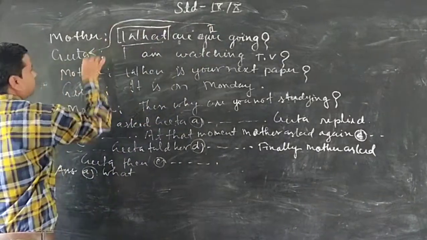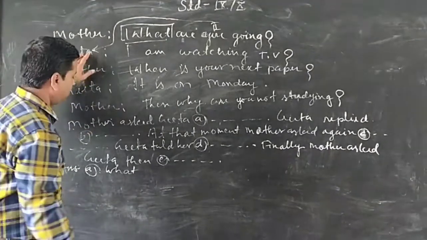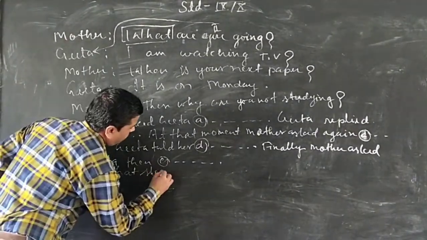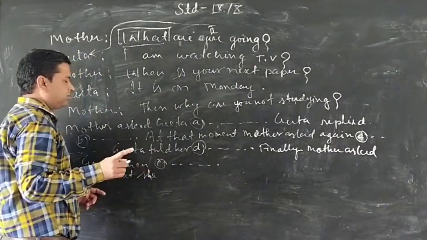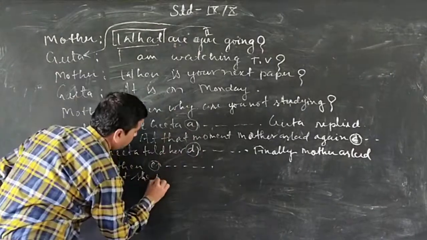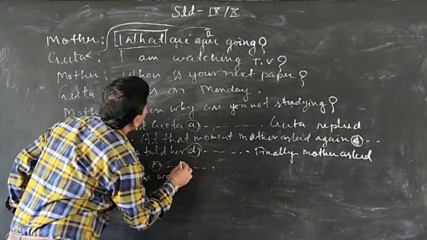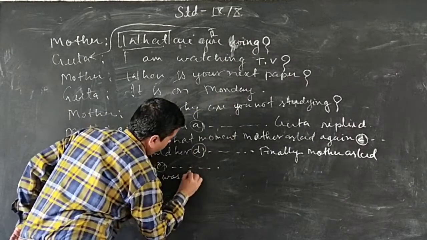Your object is Geeta, which has a feminine gender, so it will convert into she, and we make the sentence into a simple sentence. In a simple sentence, we write the subject first and then the helping verb. So are will change into was, going, doing.